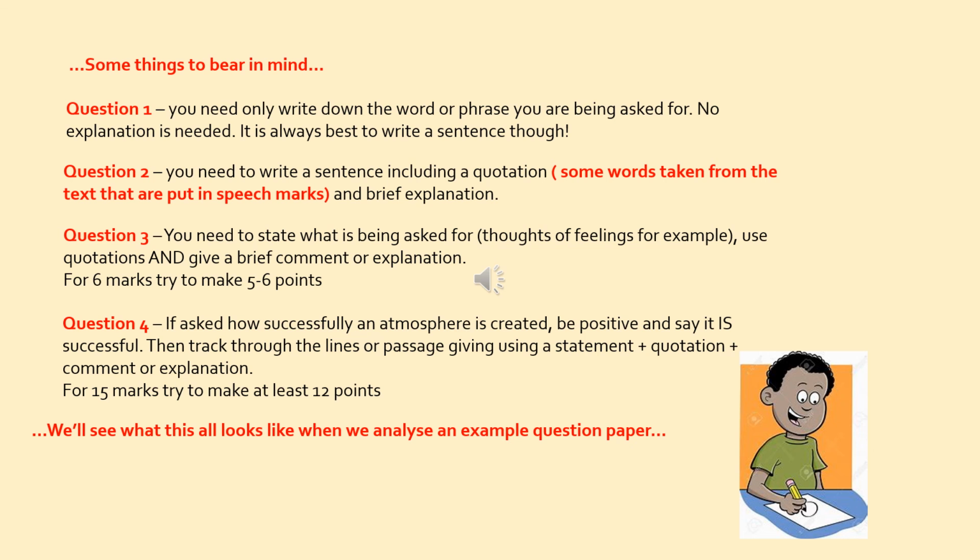It's always better to be positive and say it is successful rather than try and argue that it isn't successful. And again, with this, we need to track through the lines suggested, or indeed the whole passage, and give a statement, a quotation, and a comment or explanation. And if you're working towards achieving 15 marks, then it's best to try and make 12 points if you can.